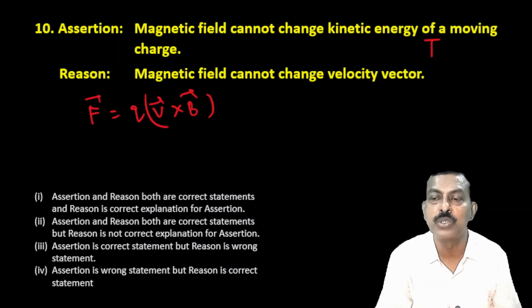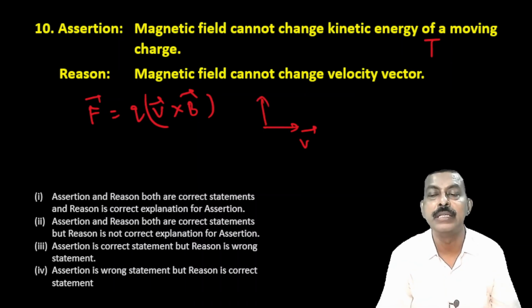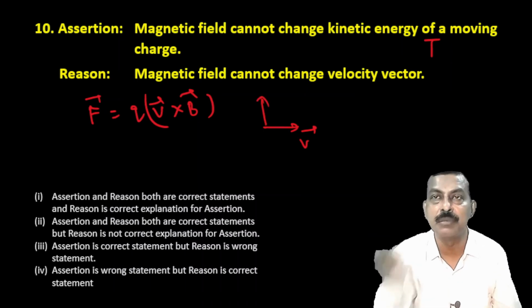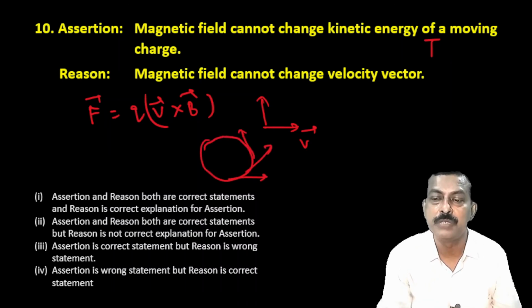Magnetic lines of force cannot change velocity vector. Now here you see, if the charged particle is moving in a magnetic field, what will happen? It will describe a circular path. And if it is describing a circular path, the velocity will be acting tangentially at every point there.